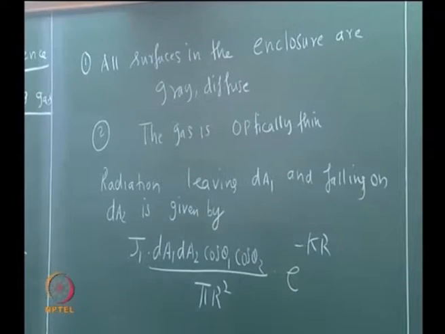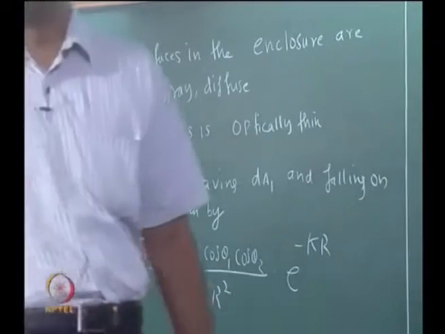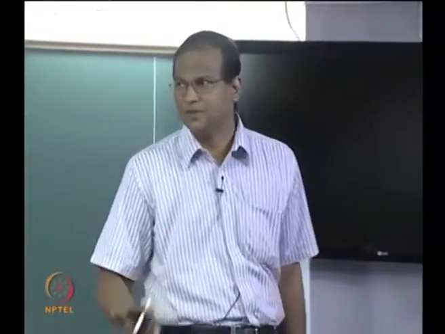Attenuation, exponentially it is going e to the power of minus kappa r. Do not straight away ask me, sir, what is happening to emission, I will come to it. We will first handle the absorption.